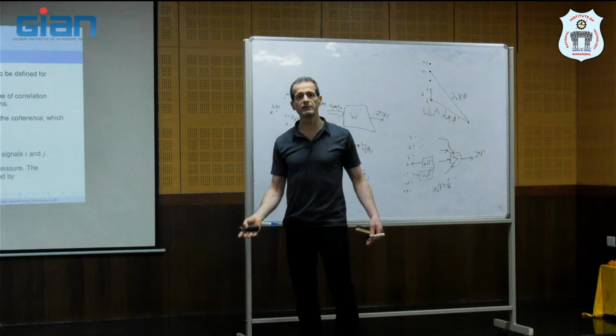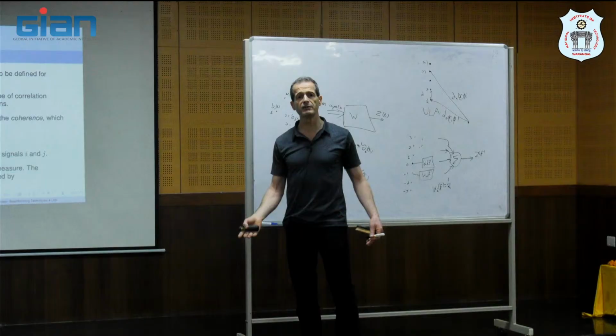Okay? First, we have coherent noise. Coherent noise, so we define it according to the coherence of the noise that is received in two sensors. Suppose that we have any two sensors, sensor I and sensor J. So here we have the cross-spectral density between the noise signals in the two sensors.